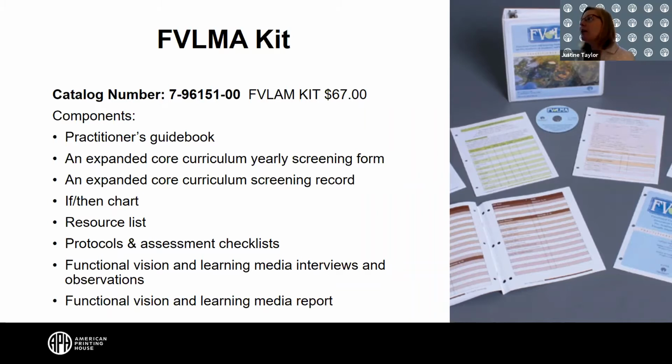So you would get a screening form in an expanded core curriculum screening record, an if-and-then chart, a resource list, protocols and assessment checklist, a functional vision and learning media, the interviews and observations that you would need to do, and the functional vision and learning media report. So you get a lot of things available to you in this kit that you can use. It has everything available that you would need for the evaluation.